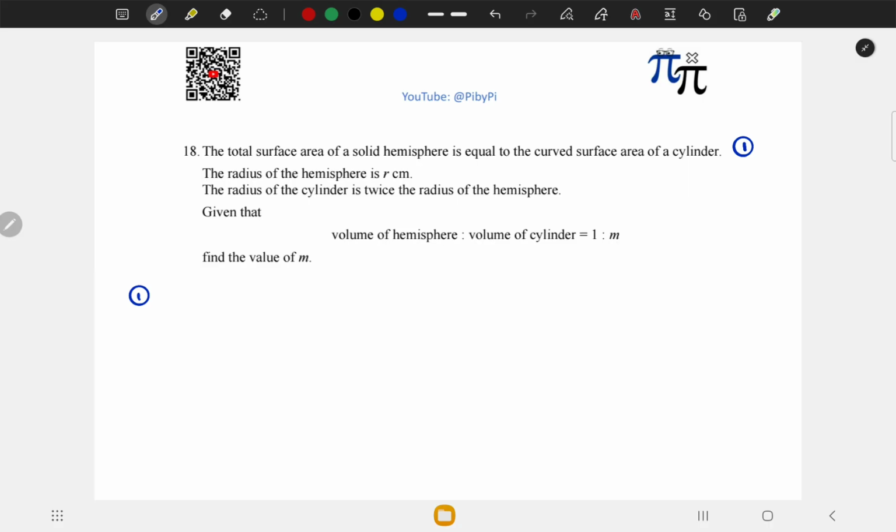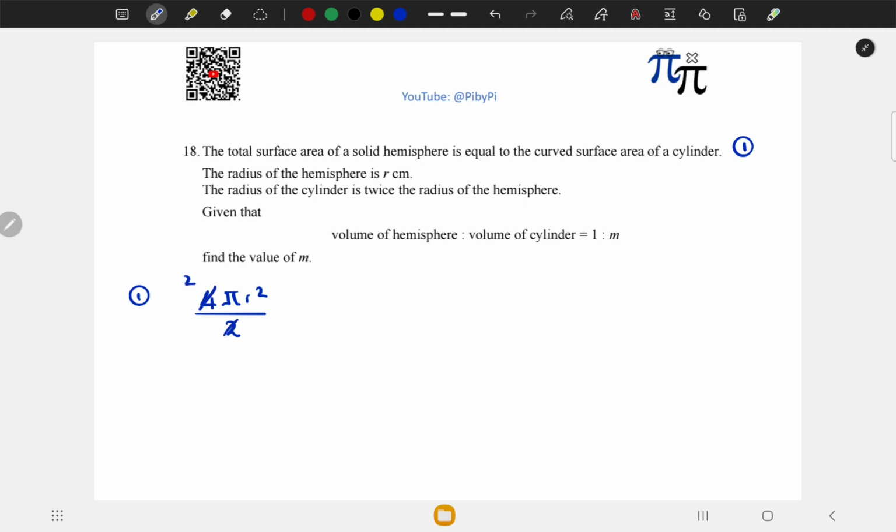You're provided with the formula for the surface area of a sphere, which is 4 pi r squared. Now remember, because we are dealing with a hemisphere, that's half a sphere, I need to divide that by 2. So when I do that, I'm going to end up with 2 pi r squared.